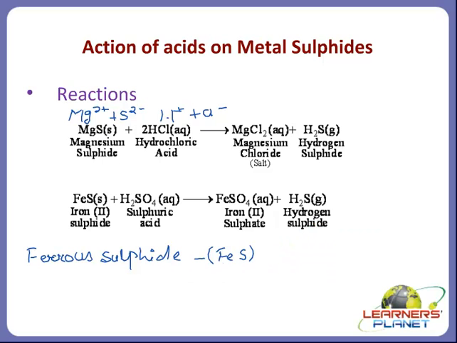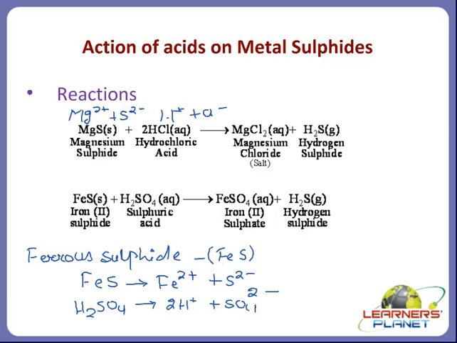Your ferrous sulfide, FeS, will be dissociated into Fe2 plus and S2 minus. Your H2SO4 will be forming 2H plus and SO4 2 minus. So where will the reaction be taking place?